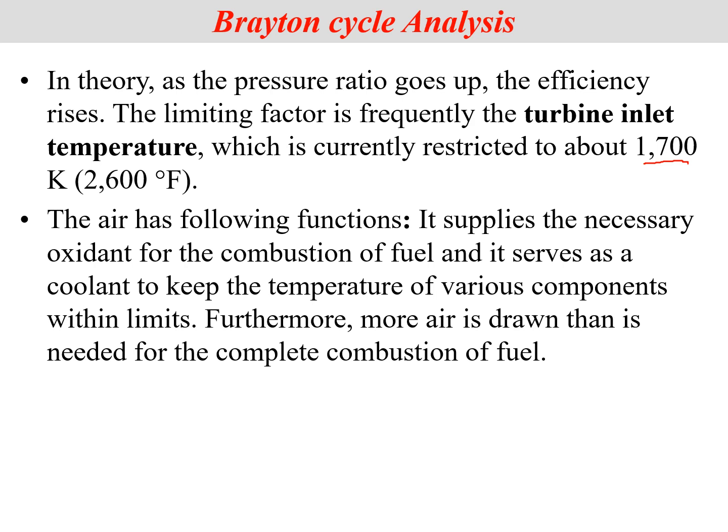We need to create turbines with a specific power to weight ratio, and they need to have a certain rigidity and other constraints. So that puts a limit on our temperature of about 1700 Kelvin. After that temperature, generally you start to see damage happening in the turbine blades, in the combustion chamber, etc. So generally we try and restrict it. I've commonly seen the temperatures restricted around 1300 to 1500 Kelvin.